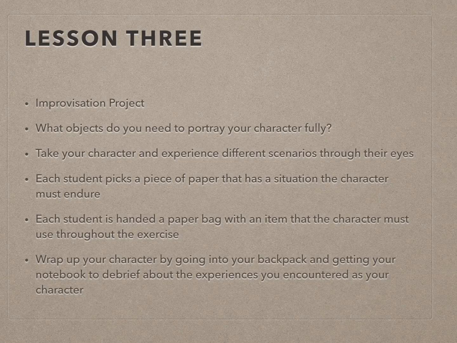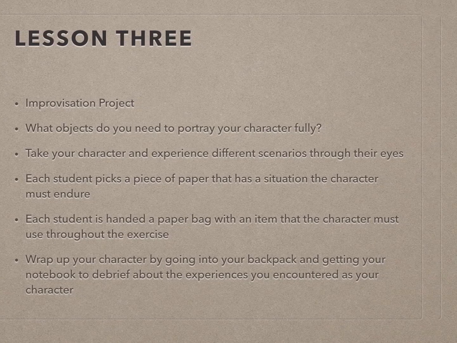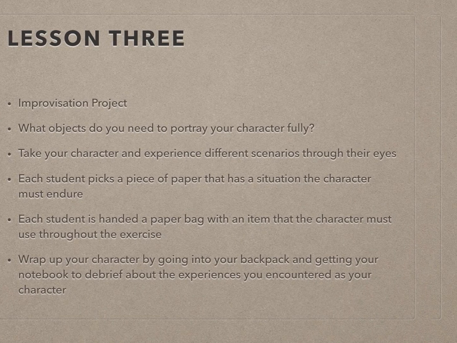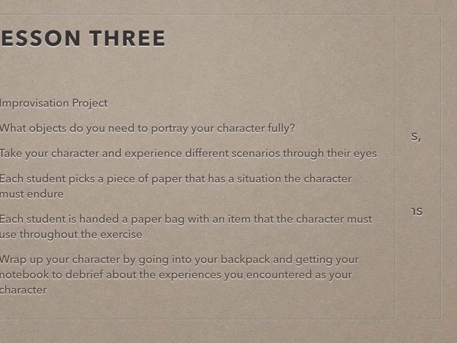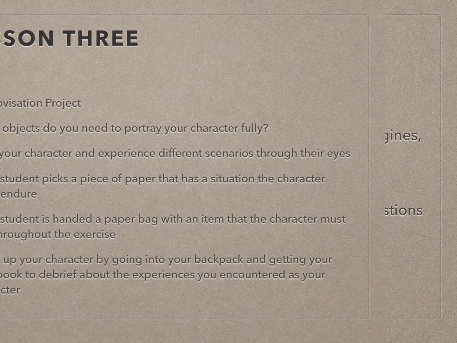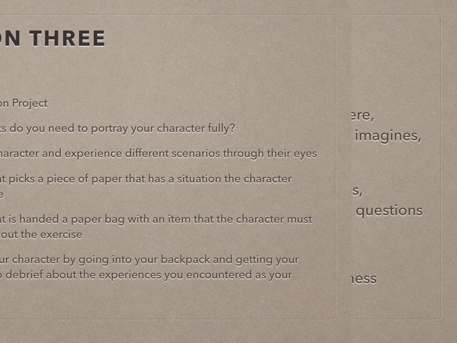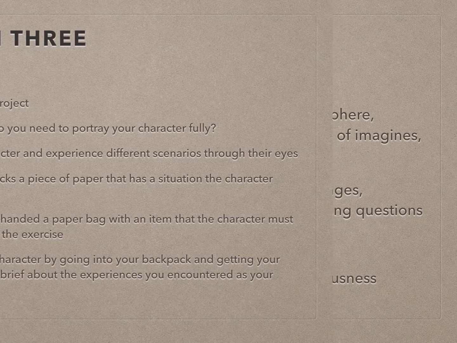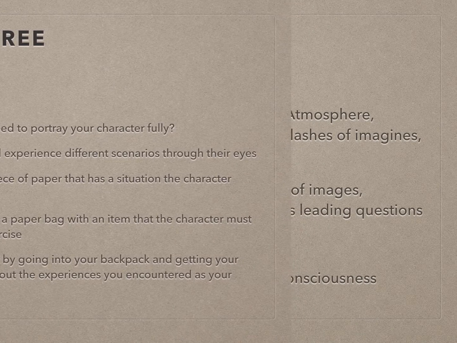These situations could range from being in a hurry to catch a bus, dropping a carton of milk, or any other silly scenario. In the next 10 minutes, students will be given an item in a paper bag, and each character must use this item at least once while interacting with their peers. Lastly, the final 5 minutes are spent walking to their backpacks to grab character journals and sitting down in a circle as your character.